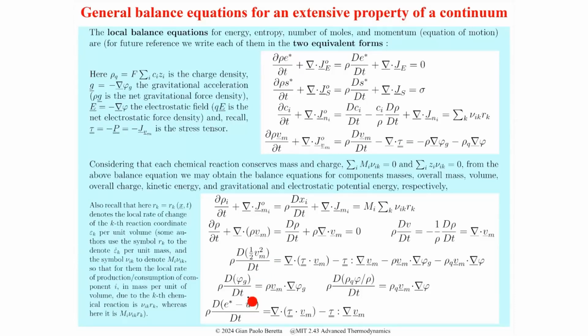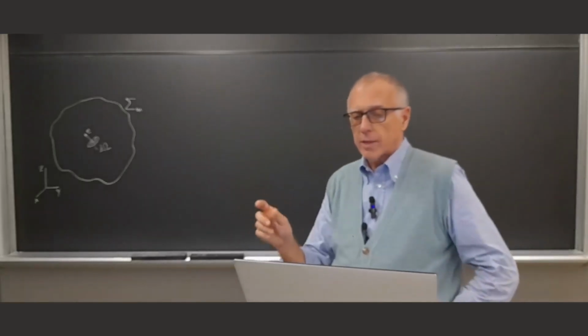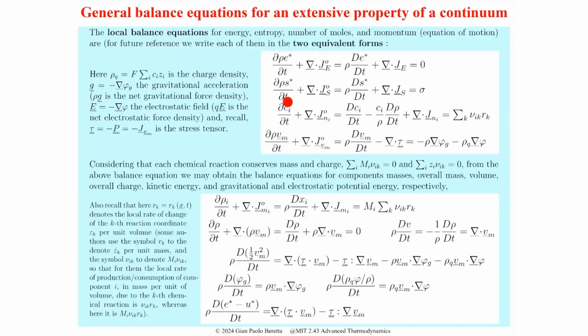And that difference is made up of just kinetic, gravitational potential, and electrostatic potential. So the sum of these three gives you this, and it's the rate of change of the mechanical energy content of your fluid. Okay.